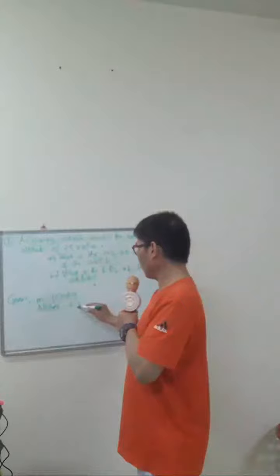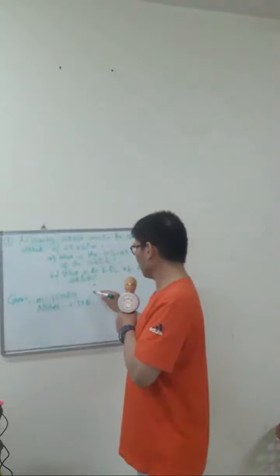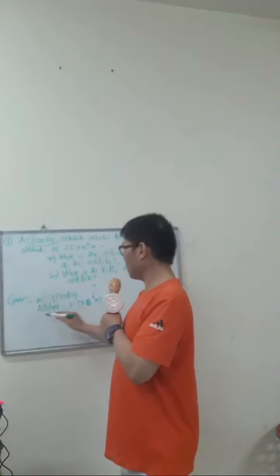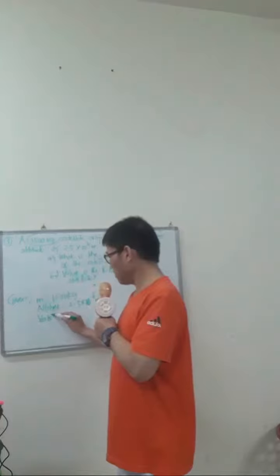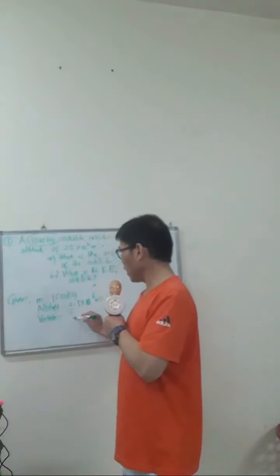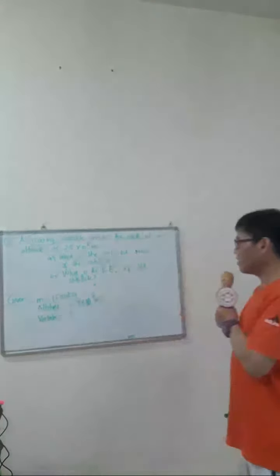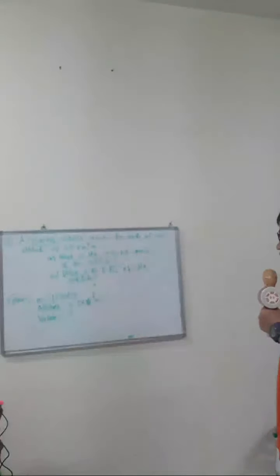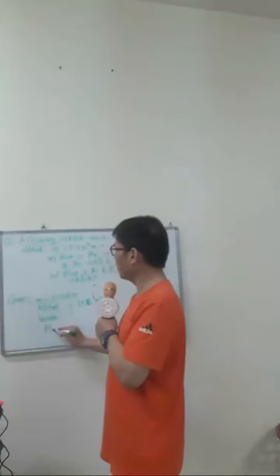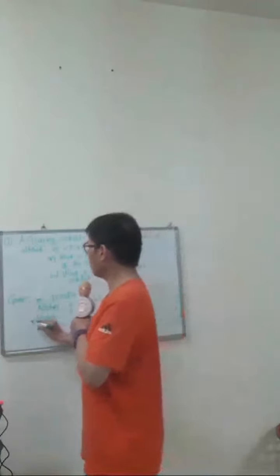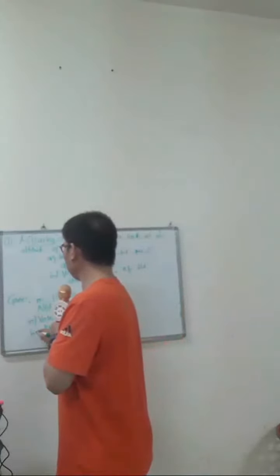What is the orbital speed? And what is the kinetic energy of the satellite? A is the orbital speed and B is the kinetic energy.